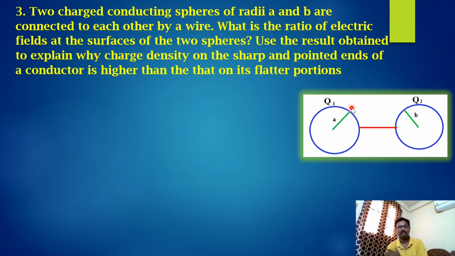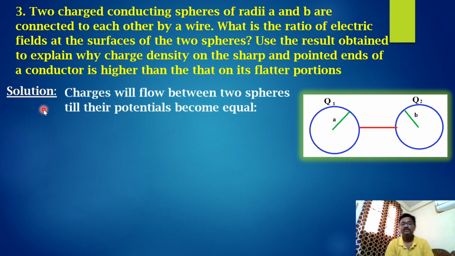So we have to find the ratio of electric fields at the surfaces of the two spheres after they are connected with a conducting wire. Next, use the result obtained to explain why charge density on the sharp and pointed ends of a conductor is higher than that on its flatter portions.